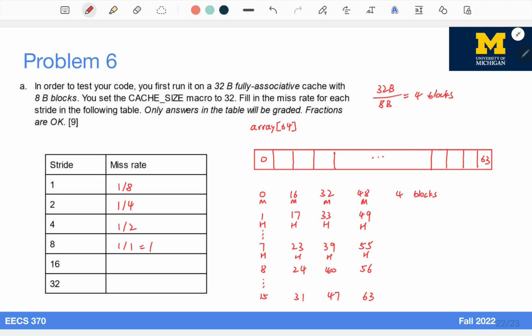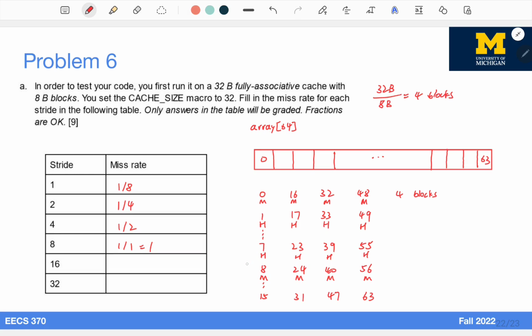However, next when we reach the inner loop that starts at index 8, we'll notice that this 8 is different from the previous block that ranges from 0 to 7. Therefore, this time we will have a miss. And also similarly for 24, 40, and 56.